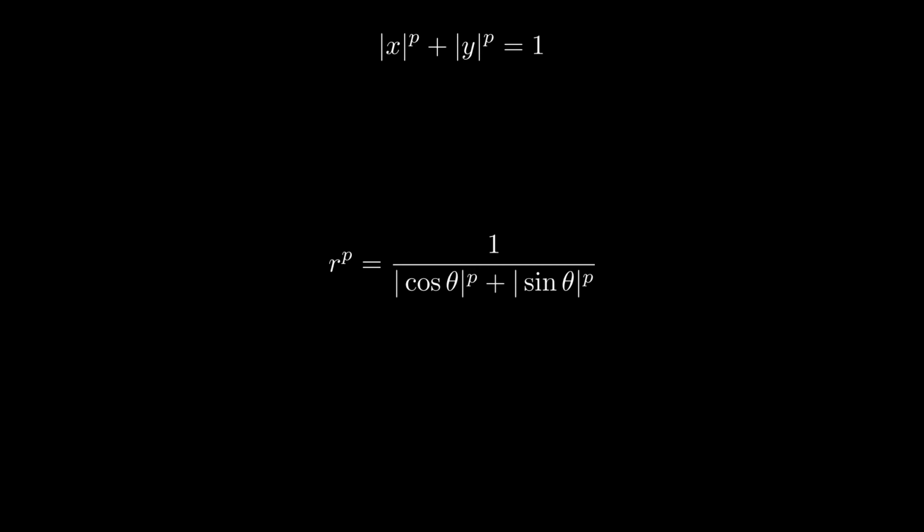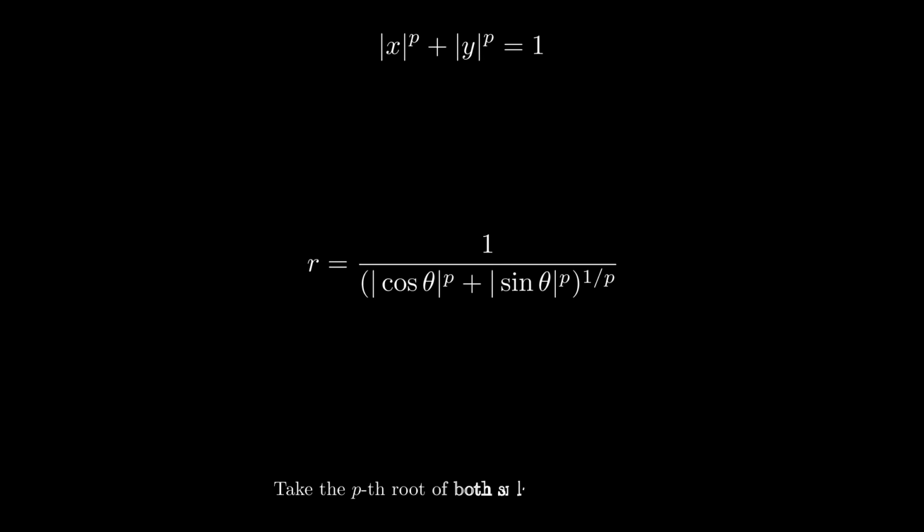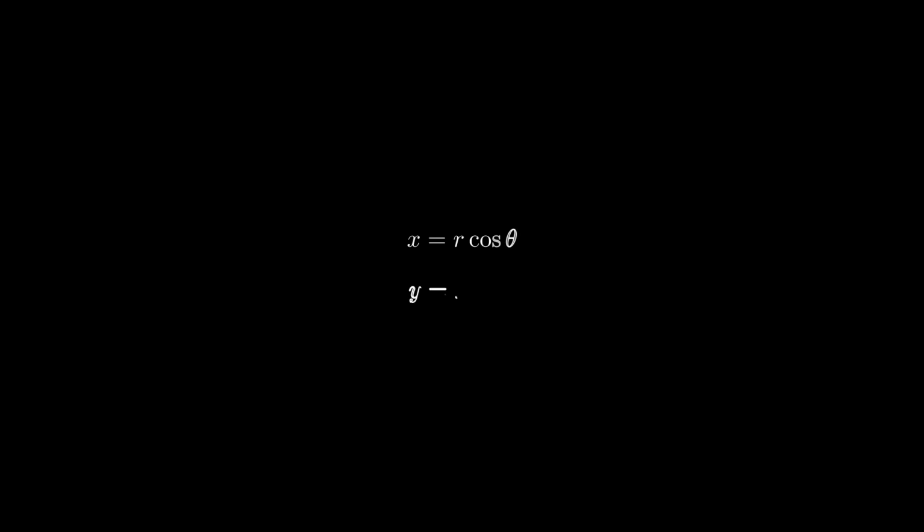We can solve for r to the power of p by dividing both sides by the terms. By taking the pth root, we can also solve for r. Let's recall our polar coordinates and substitute our new expression for r.